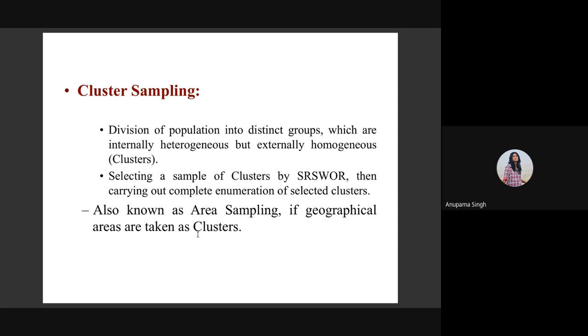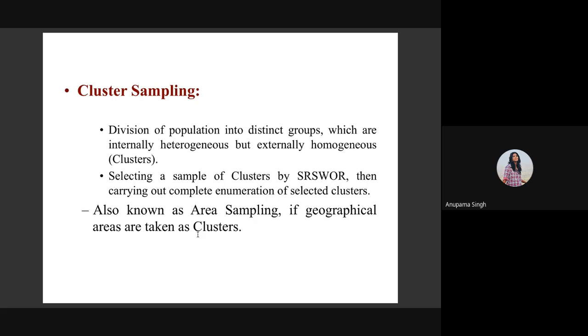Okay. So in that case, what we do is, we make the clusters in such a way that they contain most of the heterogeneity within themselves. But at the same time, they are homogeneous between themselves.